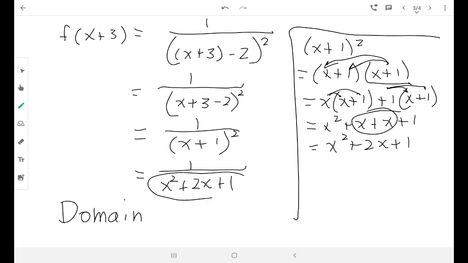What we're talking about in a fraction is where the denominator equals 0, and the denominator can't equal 0. So the fact that we want the domain means we should leave it like that.